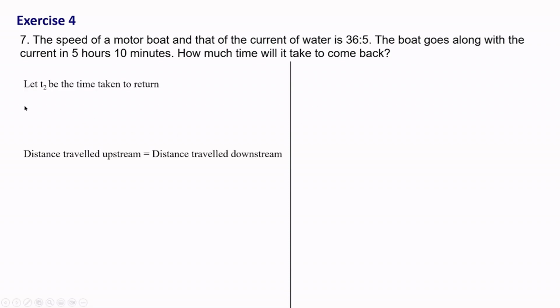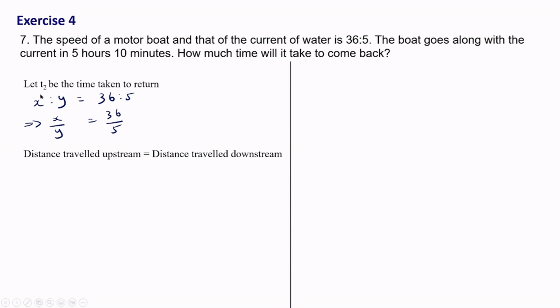So let T2 be the time taken to return. And here it is given x is to y is 36:5. So from this we get x by y as 36/5. Now the distance travelled upstream equals the distance travelled downstream.